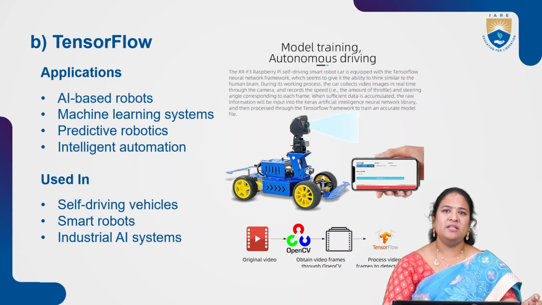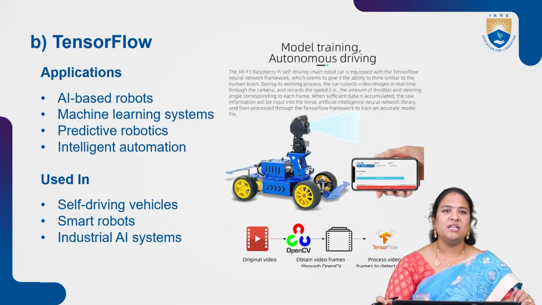The second type is TensorFlow. When we come across TensorFlow, we generally use the Raspberry Pi, which is used in self-driving smart robotic cars equipped with TensorFlow, where a neural network framework will be used, in which the sensors will be given the ability to think.